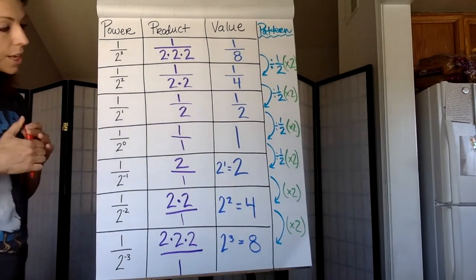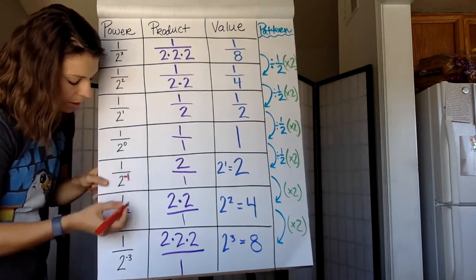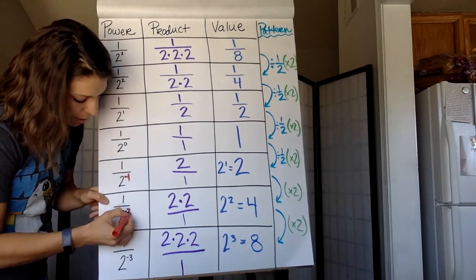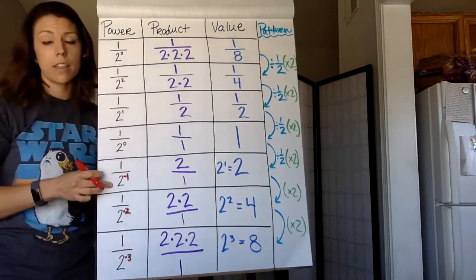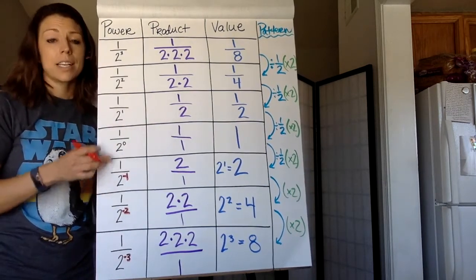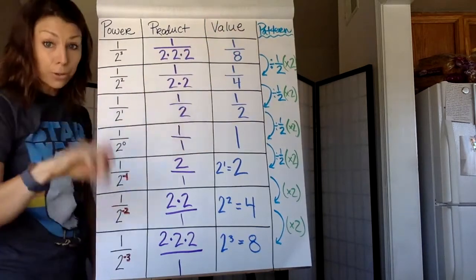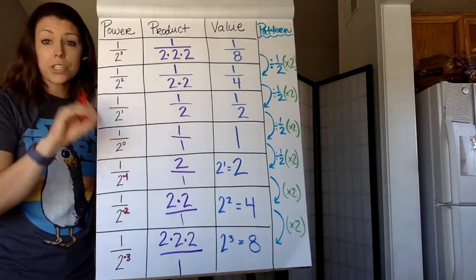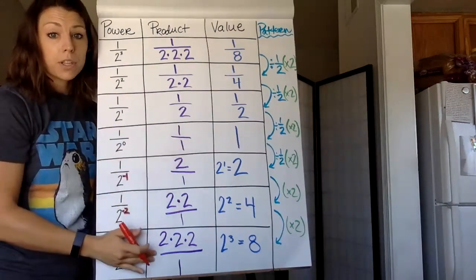Well, again, look at the ones where you had a negative exponent. So we have -1 here, -2 here, and -3 here. They started in the denominator, but because our pattern was taking factors of 2 out of the denominator, eventually if you continue to take factors out of the denominator, they're going to move up to the numerator.